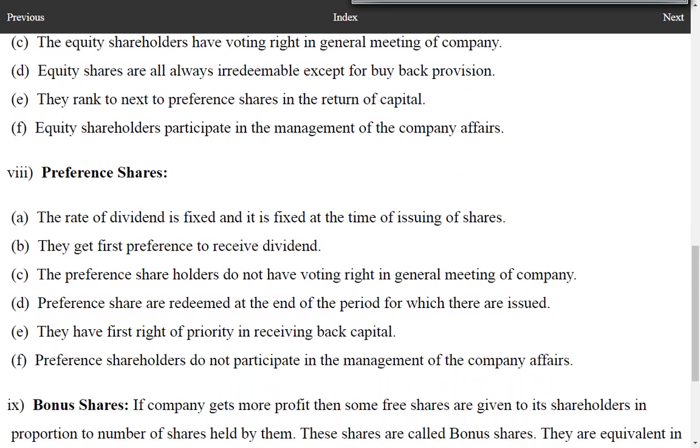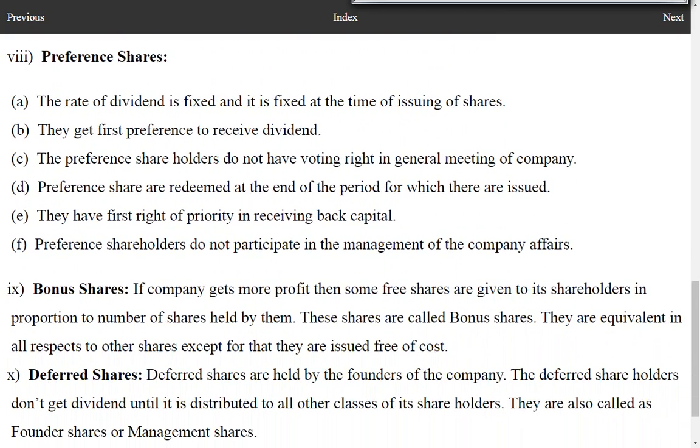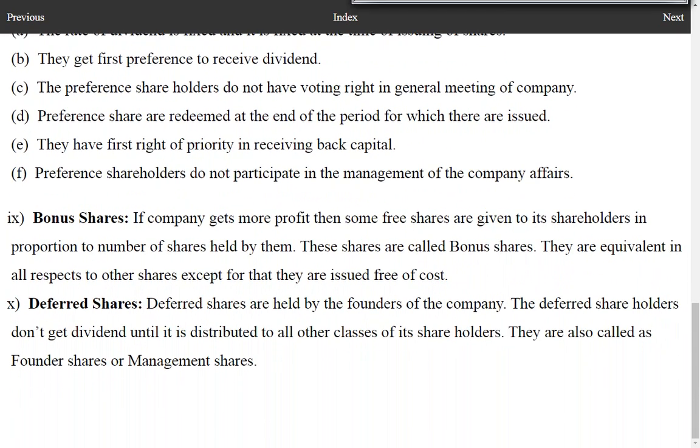Next, we'll see what are bonus shares. If company gets more profit, then some free shares are given to its shareholders in proportion to number of shares held by them.